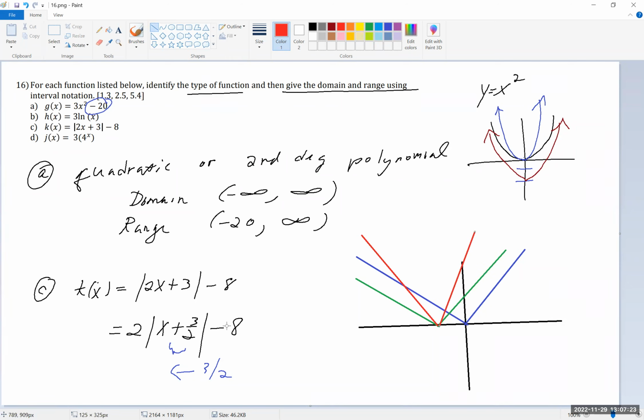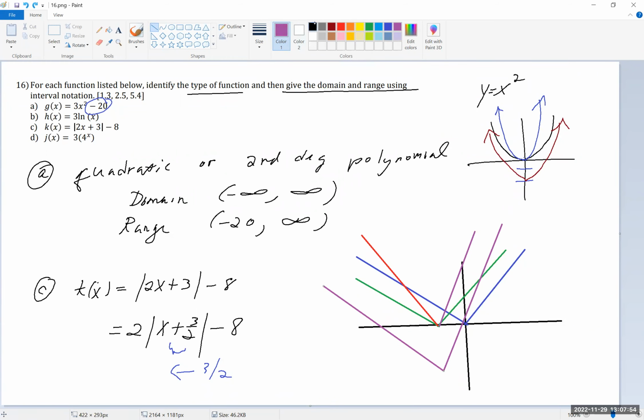But the minus 8 is really the one that counts because the minus 8 drops it by 8 units. I think I had meant to try to make this. Well, we'll just use it.